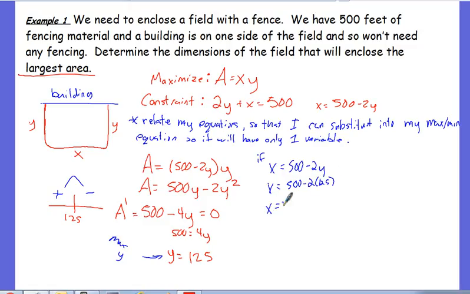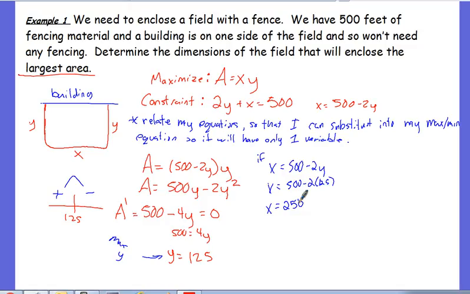Therefore, x is what? 250. We good with that? Since you labeled it like that, you could just say the dimensions of, because it's a rectangle, 125 and 250. We good with that?